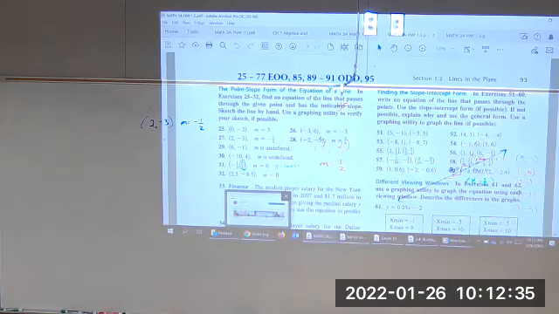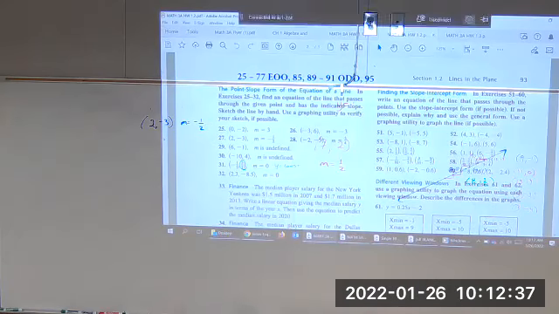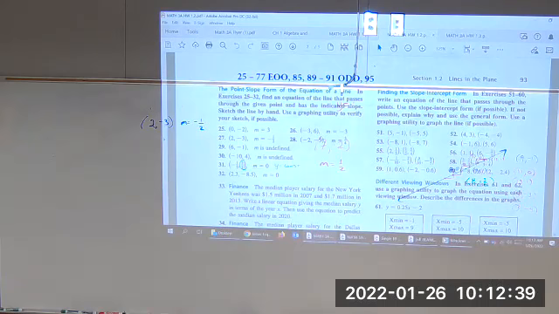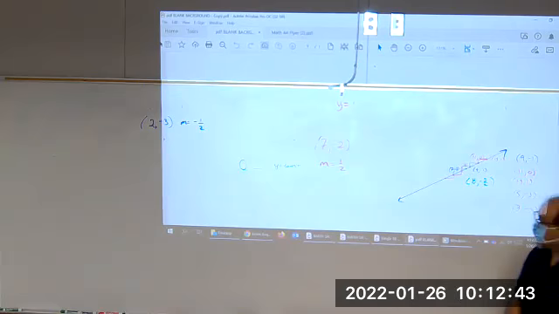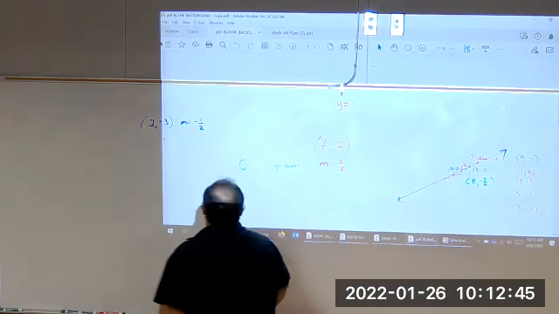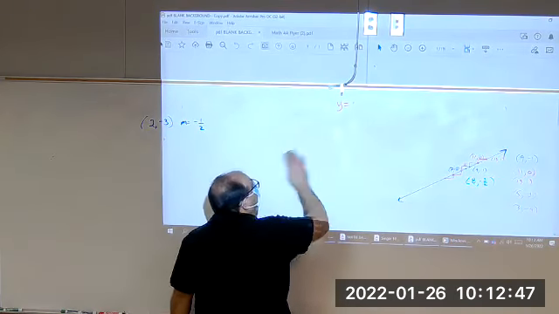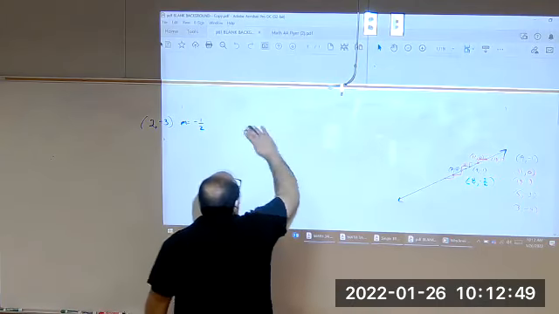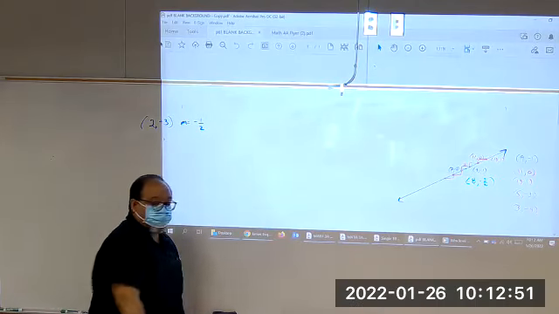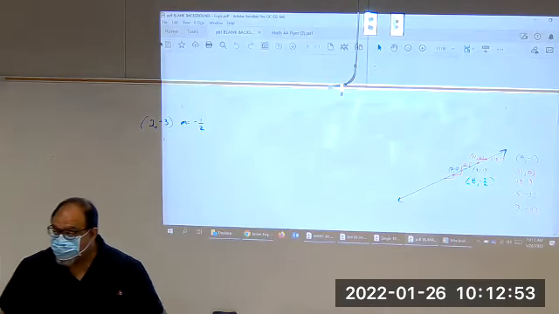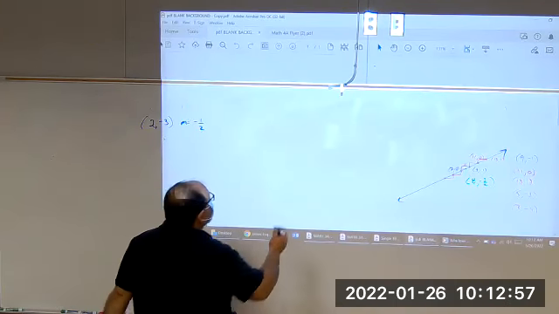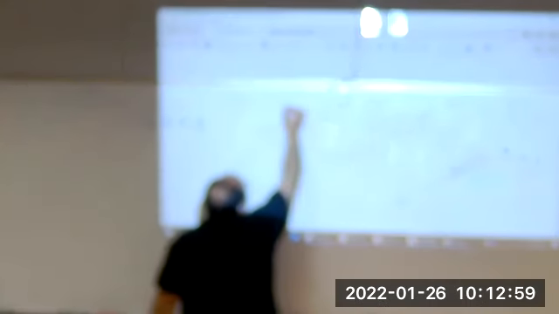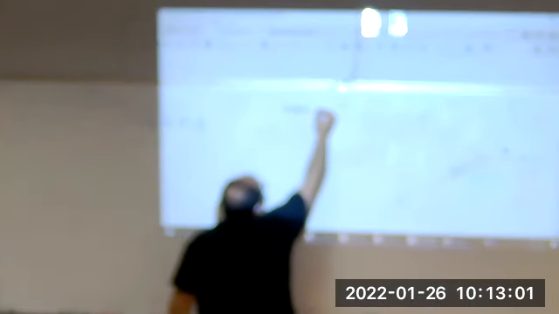So obviously, you're giving me a point and a slope, so I should be using the point slope form, which would be great if I chose to teach that, and I don't. The answer needs to be in slope intercept form.